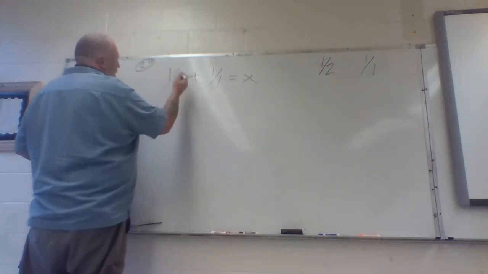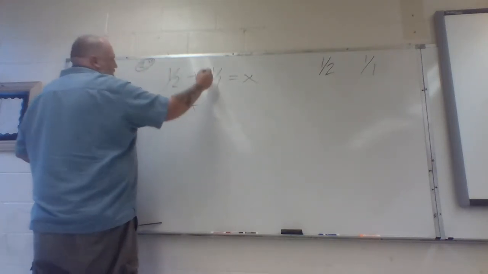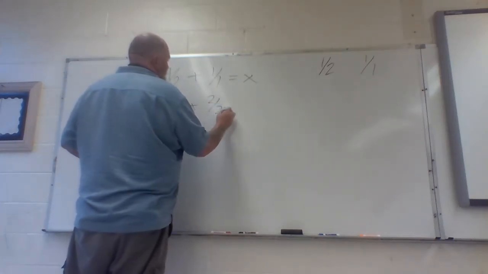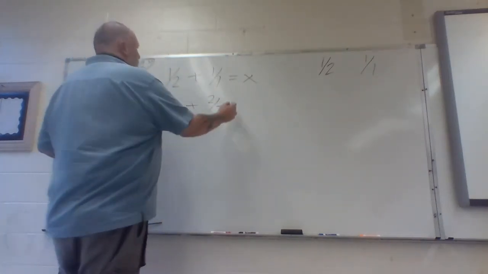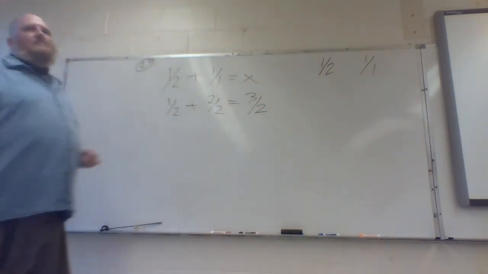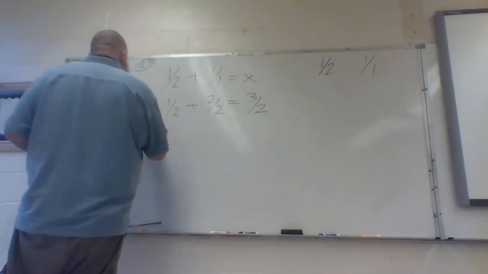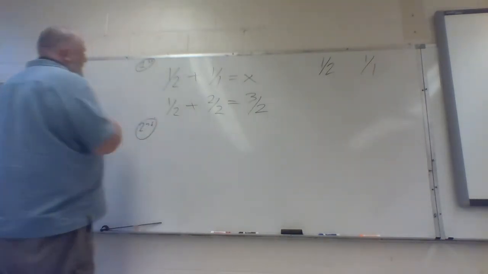So we'll just time this side by 1, leave it at 1/2. You'll have plus times this side by 2. You'll have 2 over 2. So that gives us 3/2.